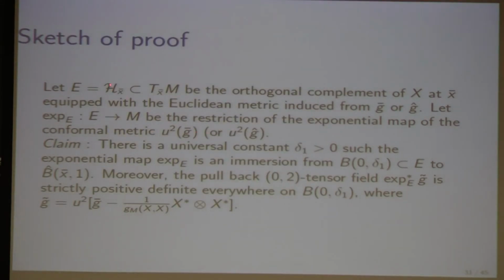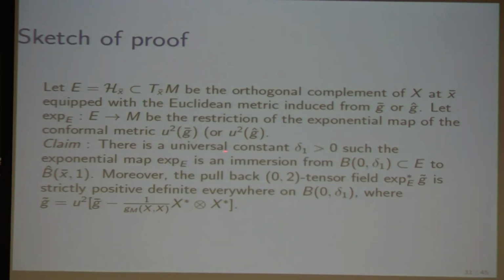It is defined only in the orthogonal complement of the Killing field at one point. X bar is the maximum point, this point. So you consider the exponential map of this, for instance, this space-time metric, but you restrict the exponential map to the orthogonal complement of the Killing field.